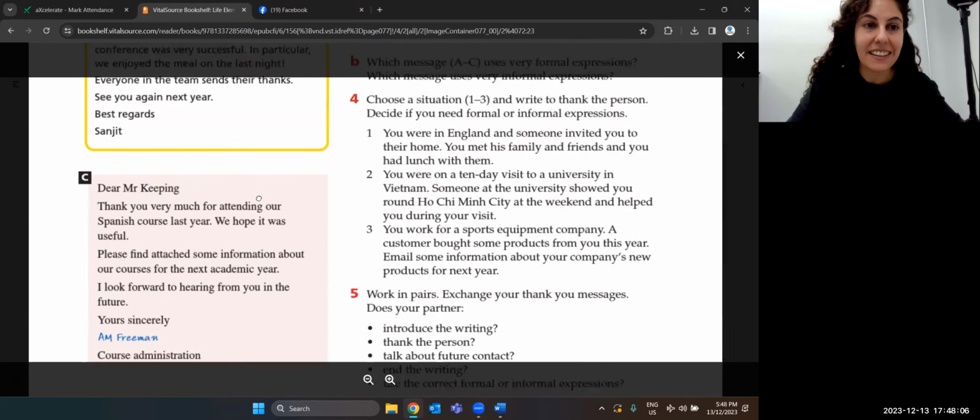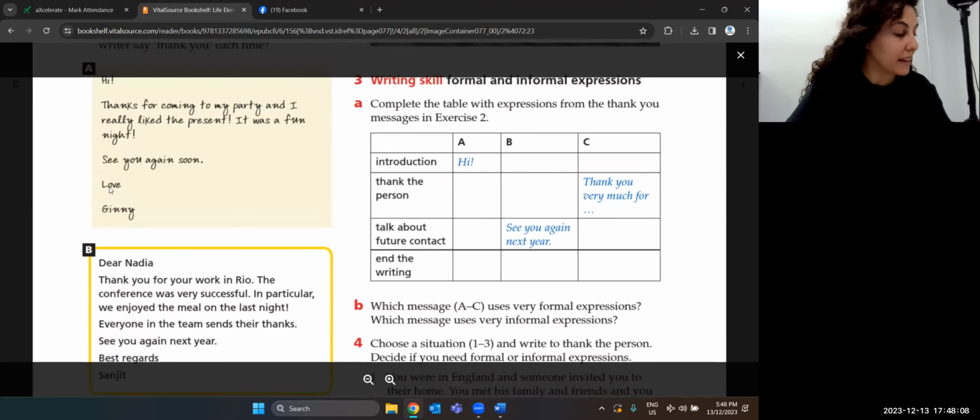And how do they end the letter? In the first one, she ends it by saying love. That's like saying kisses, love, besos. I think that's how you say it in Spanish. So it's casual, you can put an emoji, a heart. So in casual messages, love you, miss you, love, whatever.